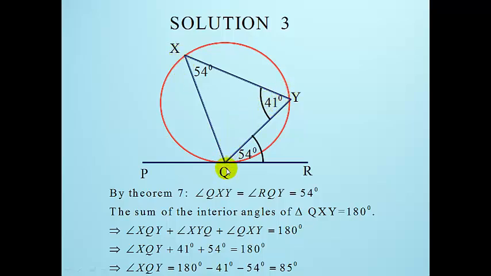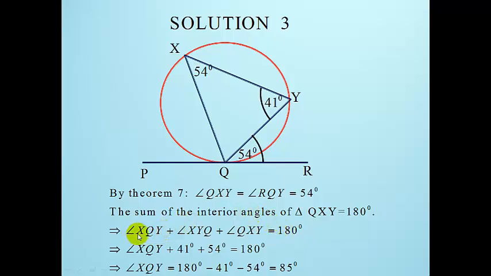When we consider the triangle QXY, we have two interior angles, 54 degrees and 41 degrees. But you know that the sum of the interior angles of triangle QXY is equal to 180 degrees.